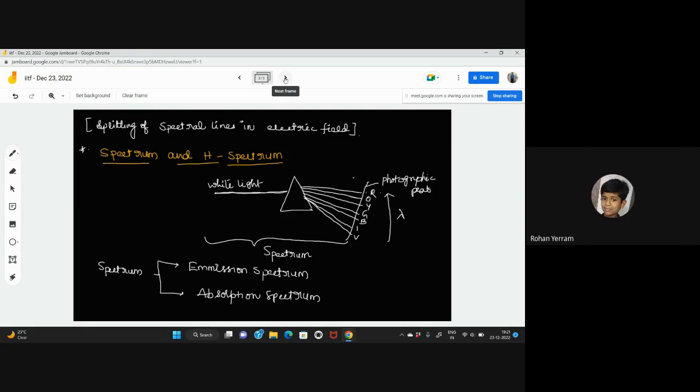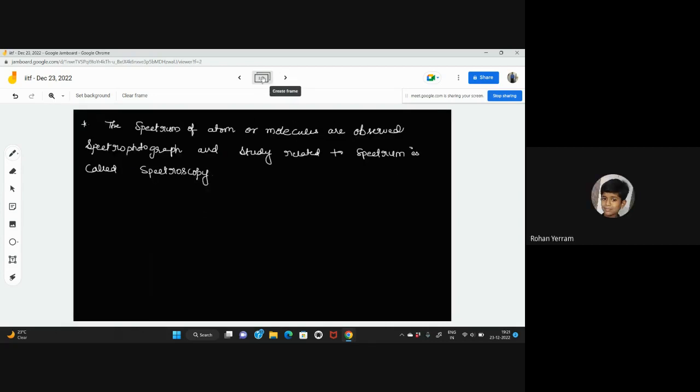Spectrum of an atom or molecule means observing how its behavior is. If you are observing hydrogen gas, how does it behave?